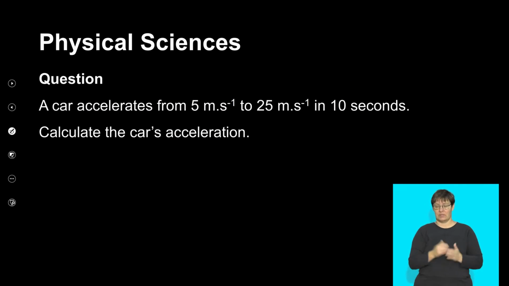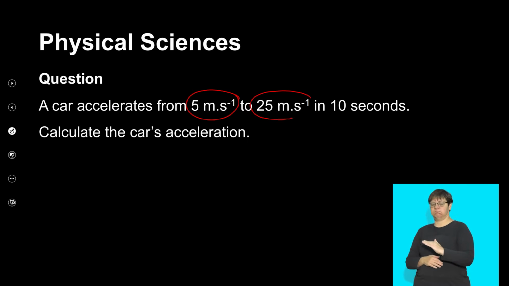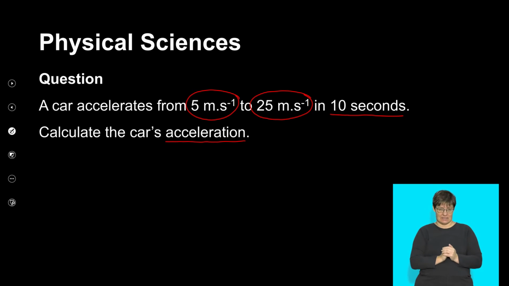All right, next question. A car accelerates from 5 meters per second to 25 meters per second in 10 seconds. They want the car's acceleration, and we have looked at acceleration briefly in a previous lesson.